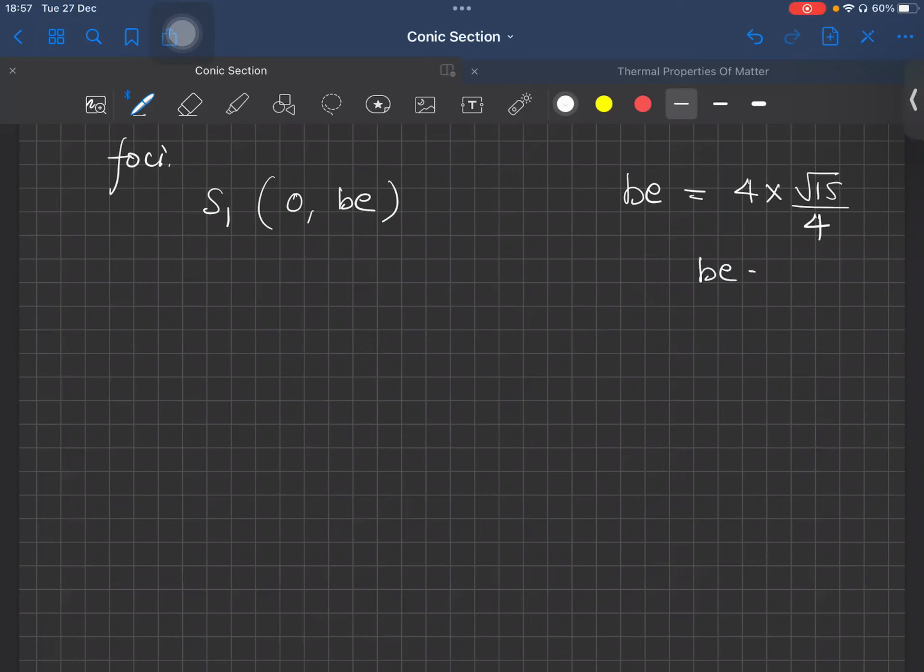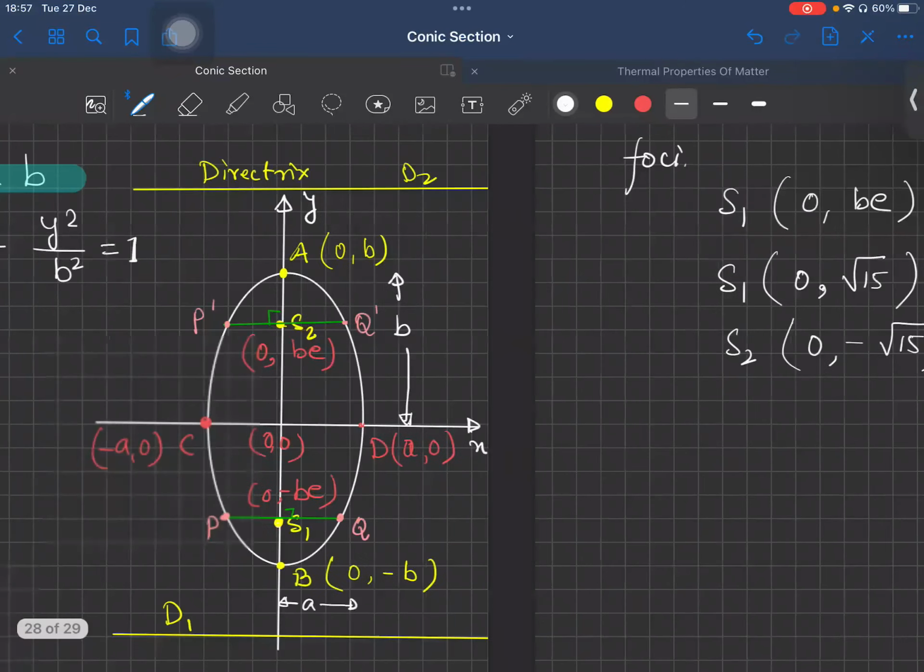So be is equal to square root of 15. So focus S1 will be 0 comma root 15 and S2 will be 0 comma minus root 15. So foci is also done.